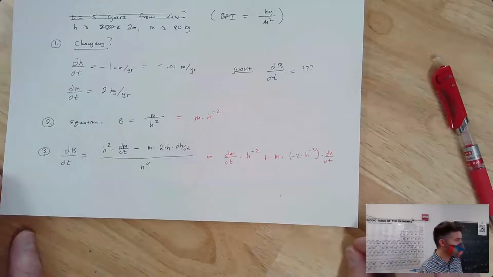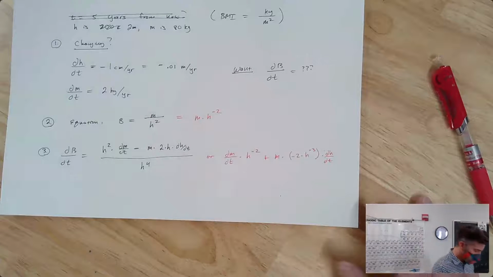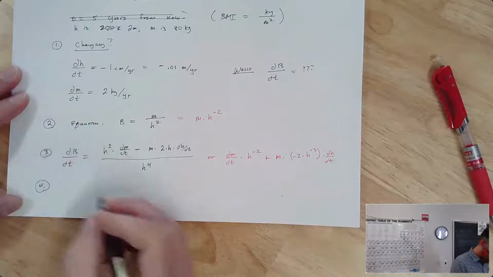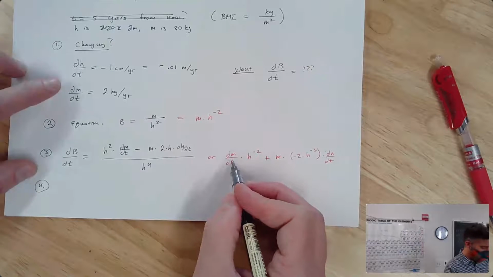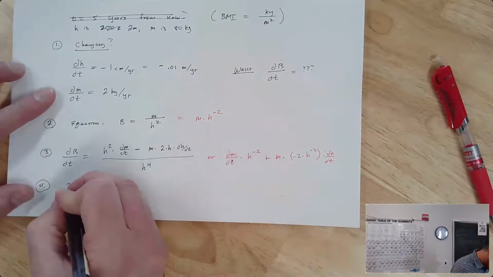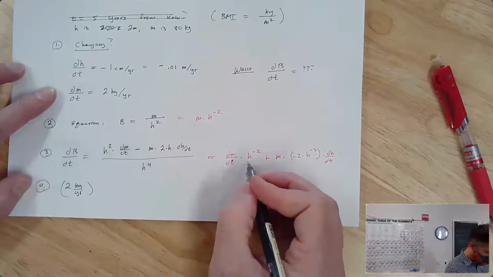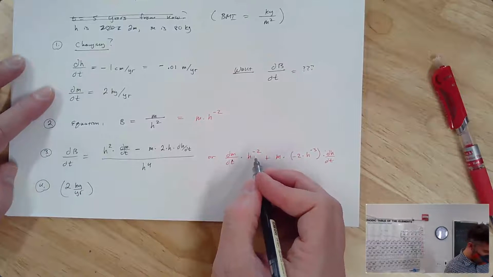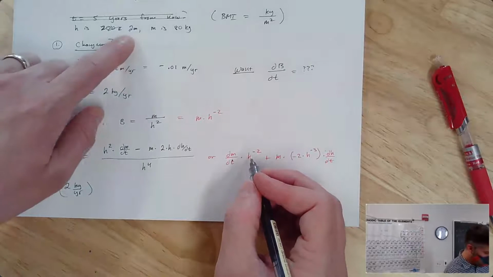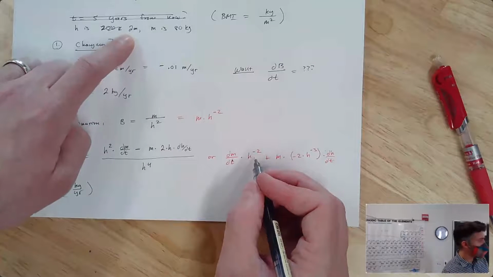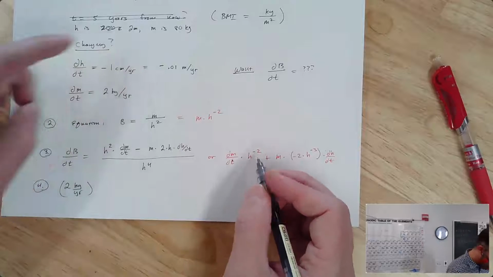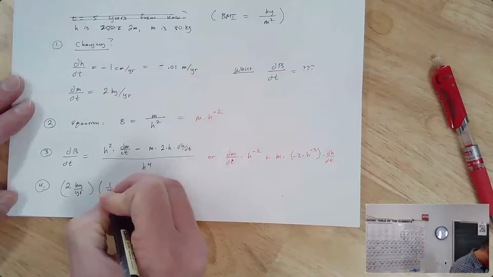So then we would just plug in all the stuff. So we'd say, okay, I'm going to plug in the dm/dt, which is 2 kilograms per year, times height to the negative second power. So that's going to be, let's see, height is 2 meters. So 2 to the negative second, that's going to be 1/4.